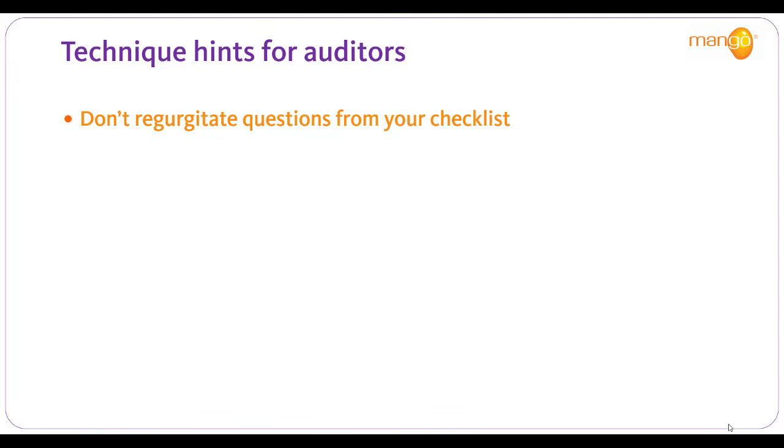Pitch the question in such a way that the auditee will understand and will be able to verbally give you the answer, so that it's nice and clear. If you regurgitate something on a checklist, from their answer they may go off on a different tangent and actually provide more value elsewhere that's not even on your checklist. So use your checklist as a guide or a prompt to help you along the way.